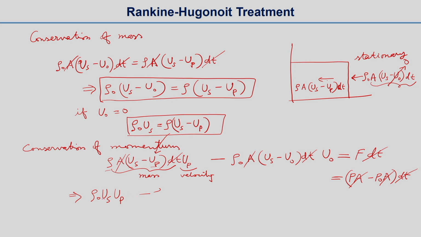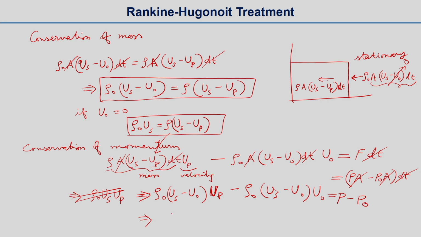So this will be rho naught US minus U naught multiplied by UP, minus rho naught US minus U naught, is equal to P minus P naught.